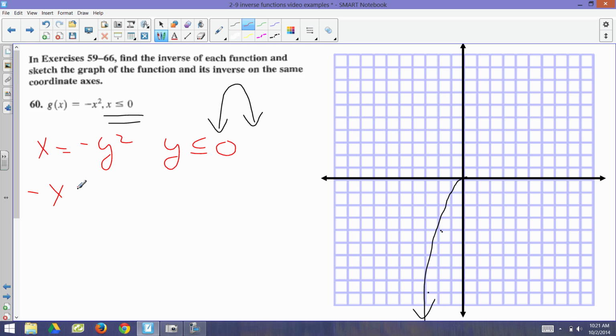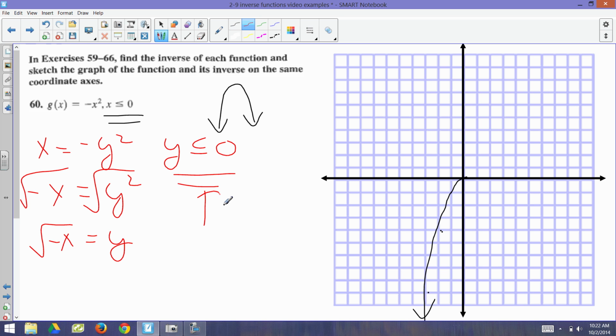So negative x is equal to y squared. Take the square root of each side, and you have y is equal to plus or minus, but because y has to be less than or equal to 0, it's not plus or minus, it's just minus. Okay? So there is my inverse function.